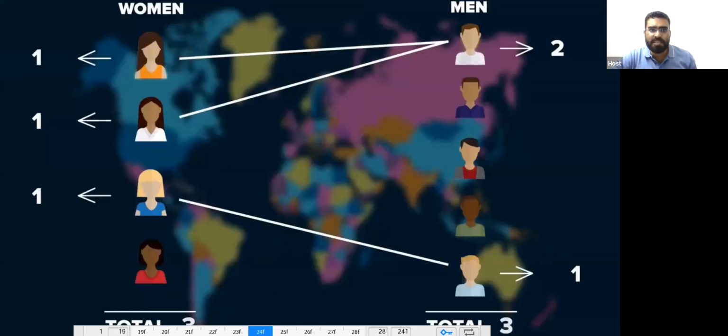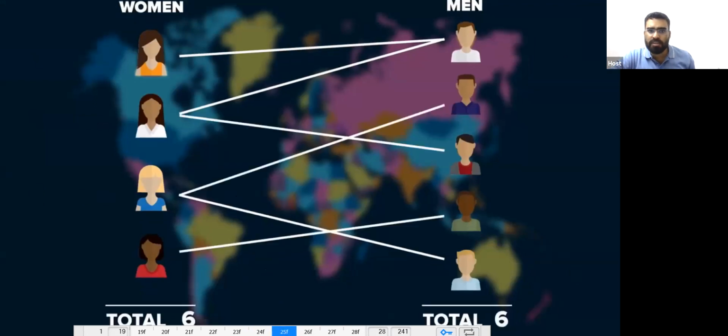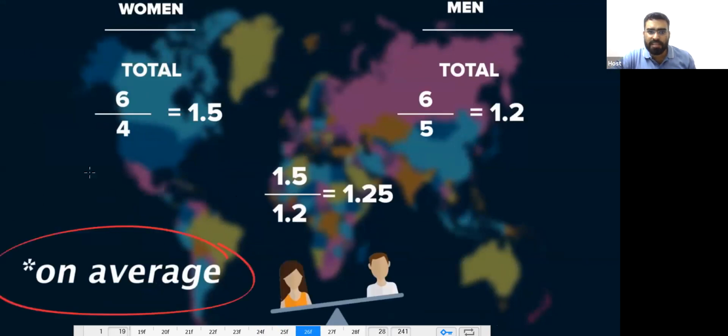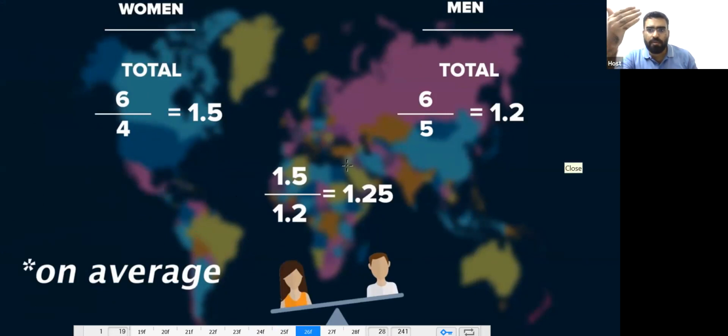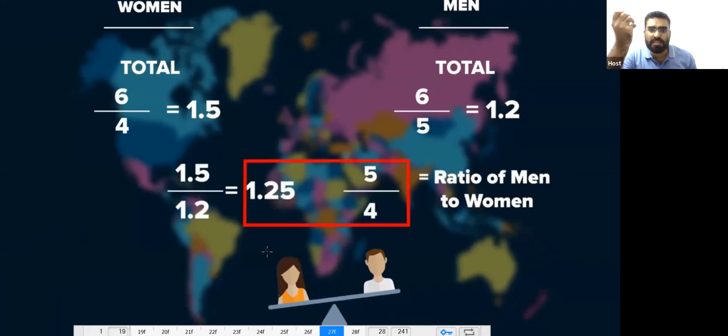Yes or no? So very simple, because men are more than women, this number will always be same. And on average, it will always happen that women will have more number of partners than men. So can you notice that? Your assumption about all these things, that is wrong.